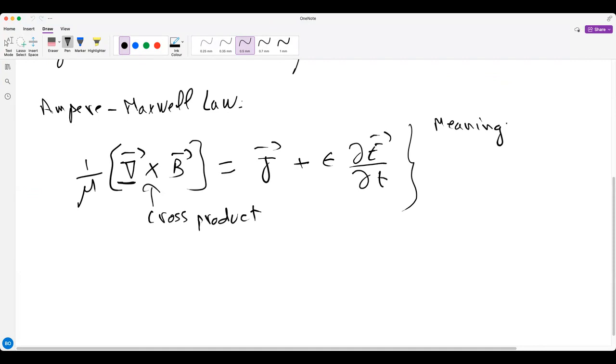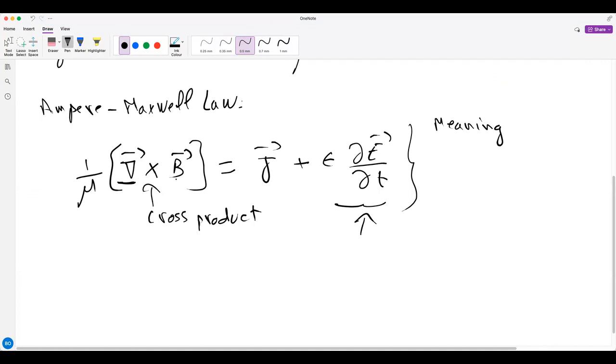When we have a magnetic field that is changing as a function of time, it will induce an electric field. This is the relationship between the electric field that is changing as a function of time and the magnetic field.